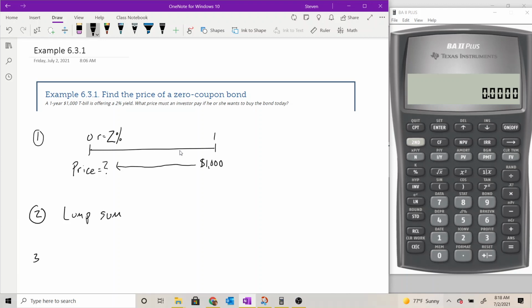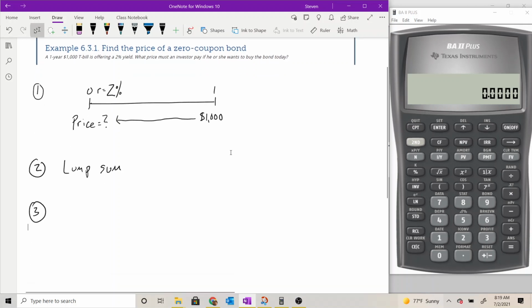By now, I'm sure we've gotten comfortable with the idea that with lump sums, we have 3 tools available: the present value or future value of a lump sum formula, the time value money keys in the calculator, and the spreadsheet. As usual, we're going to skip over the spreadsheet just because that does not tend to be available during exams. And we're going to go straight to the time value money keys on the calculator.